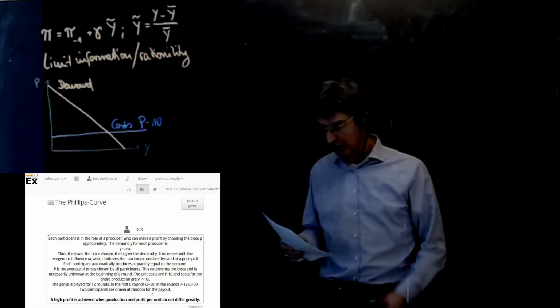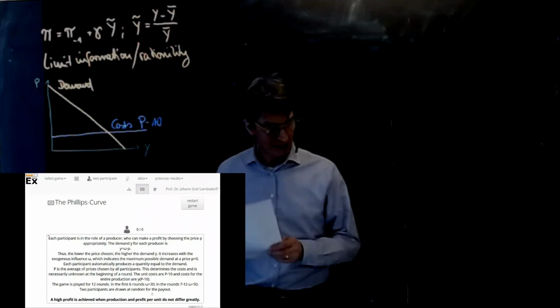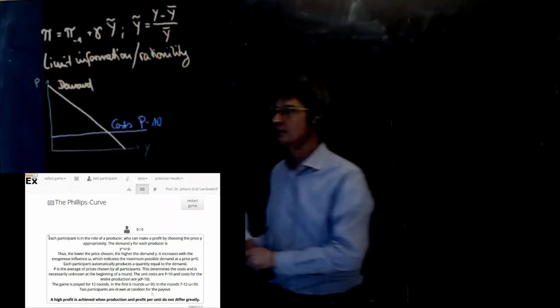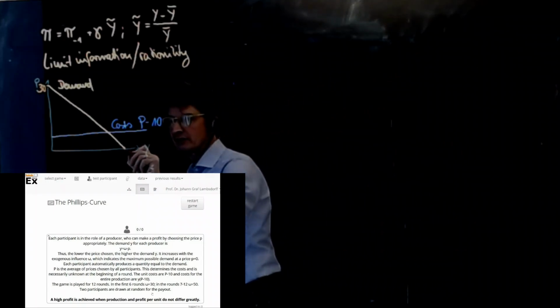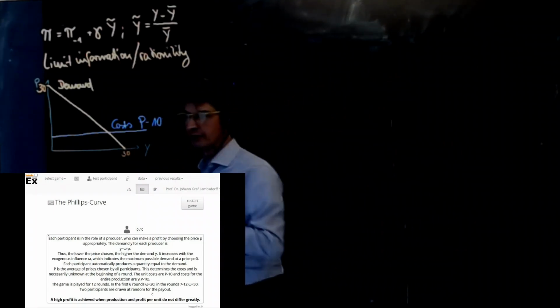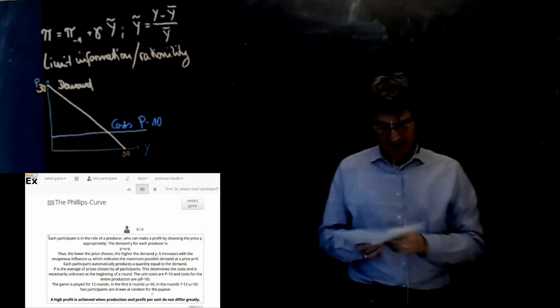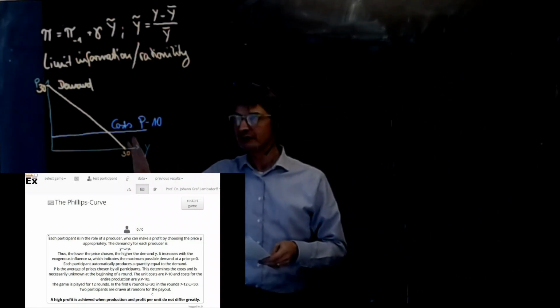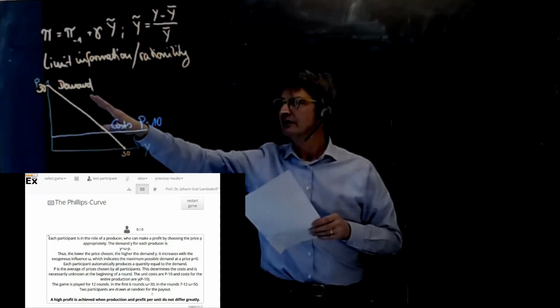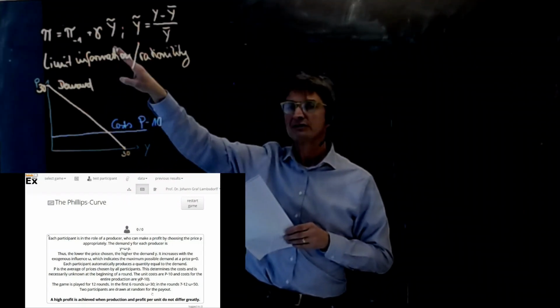In the first round, the omega amounts to 30, such that this denotes this point here, the 30, and also this point, that's both 30. And from round 7 to 12, the omega is increased to 50, such that the demand curve shifts upward.